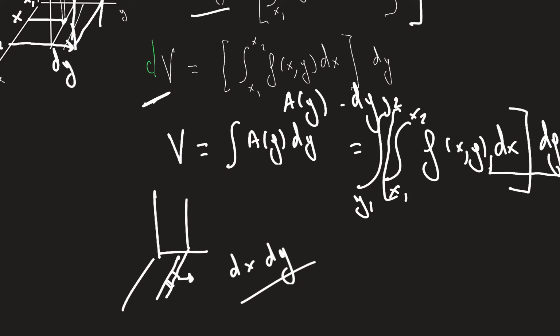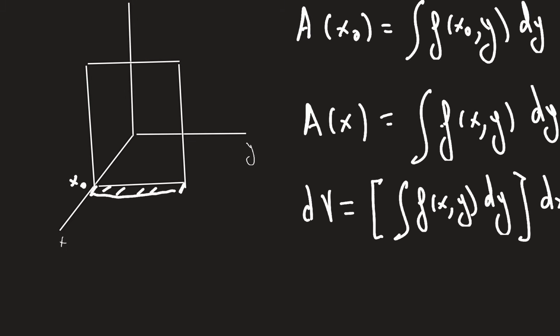Of course, here there is the function that we are calculating. Now, the picture is the one that I drew here. Now, the area that exists at the position x0 is the integral of f of x0,y dy.